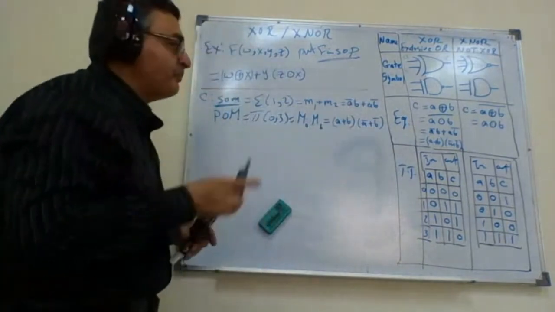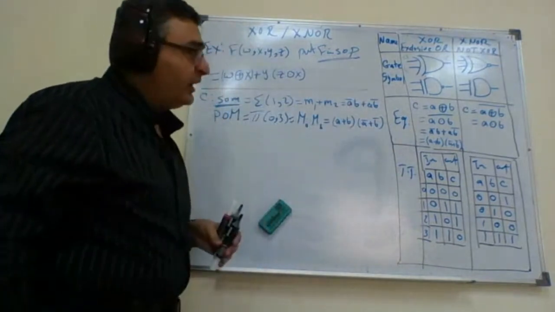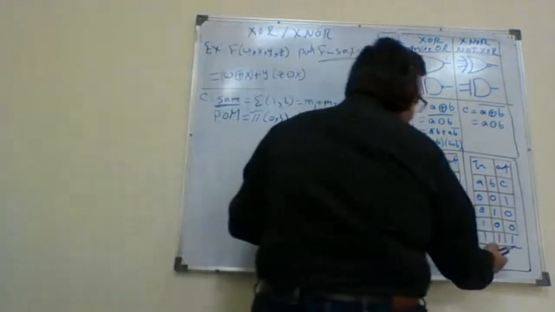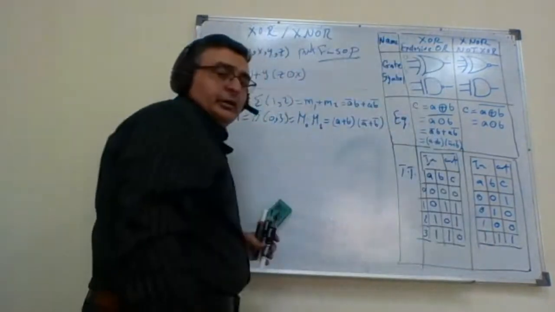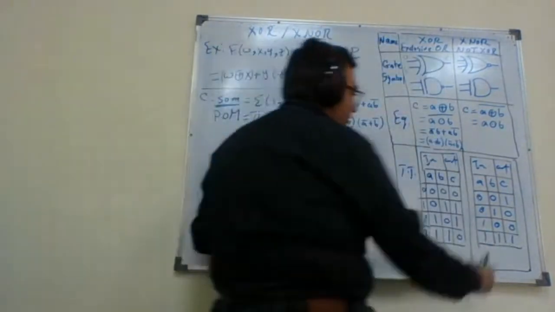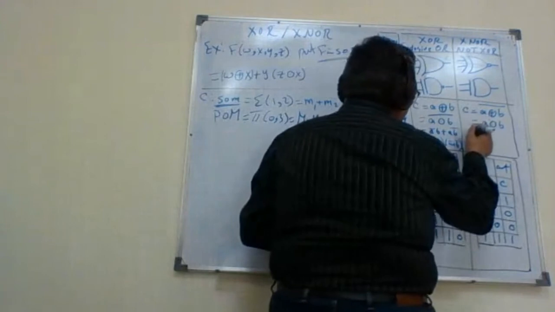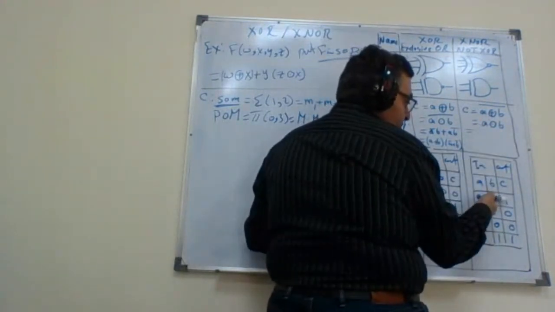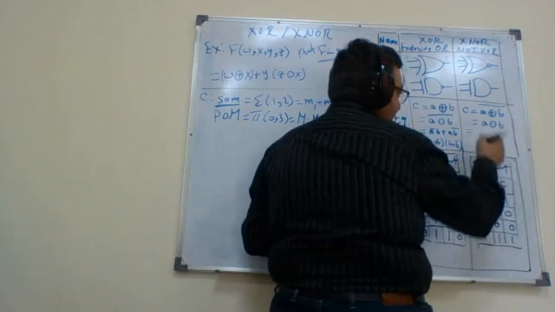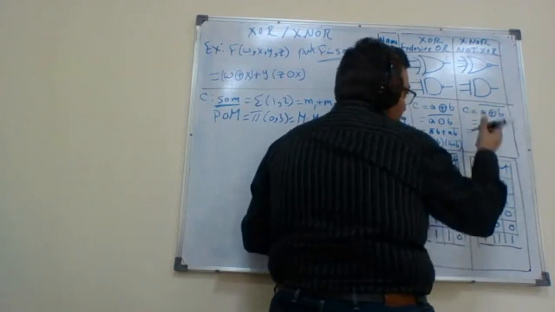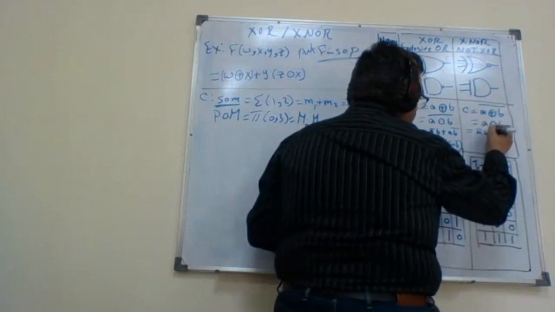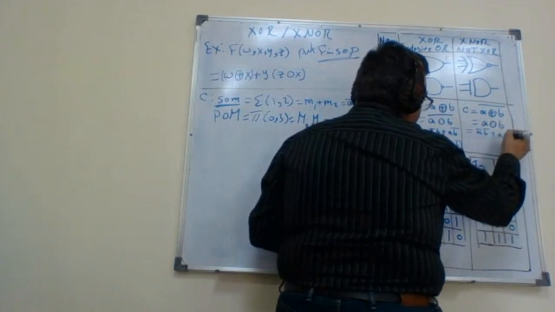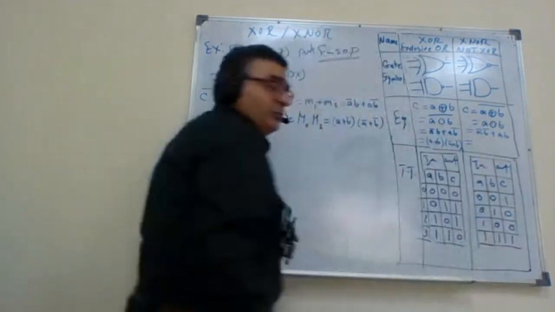The same thing applies to the XNOR. XNOR can be written as a sum of min terms. What is the sum of min terms for the XNOR? It's the sum of the terms 0 and 3. That means I can write the XNOR as A bar B bar or AB, as a sum of min terms.